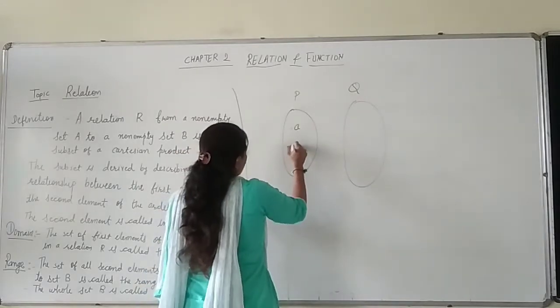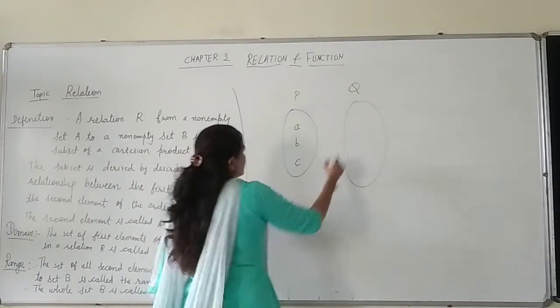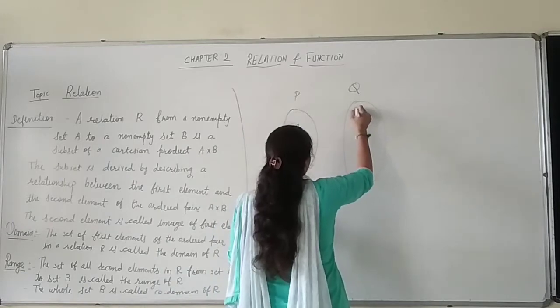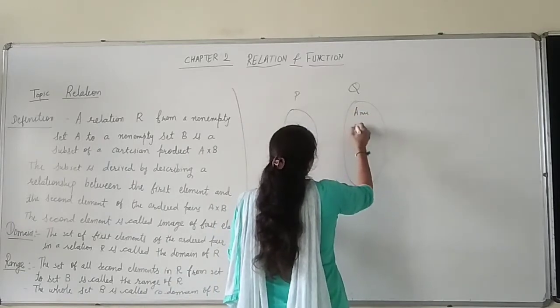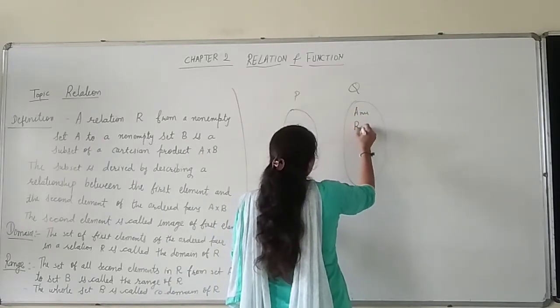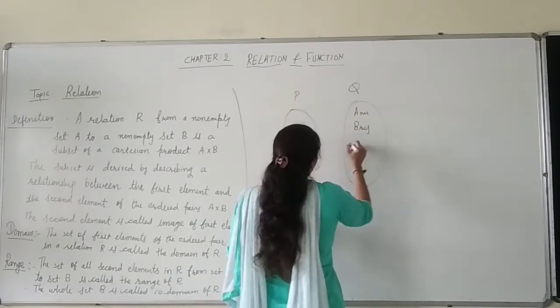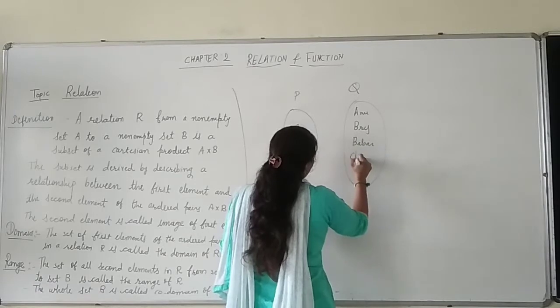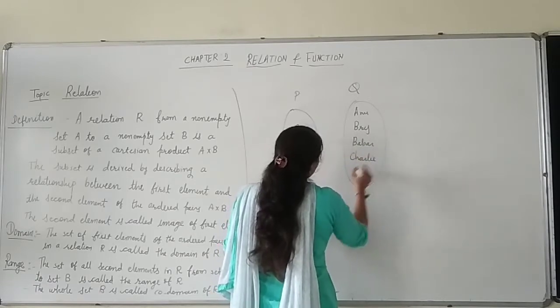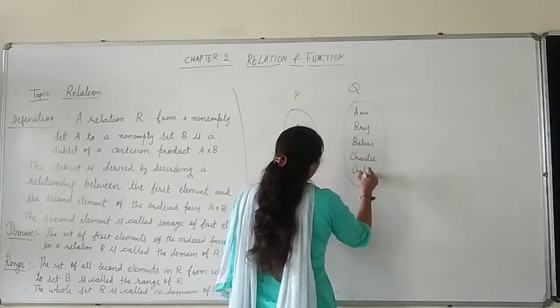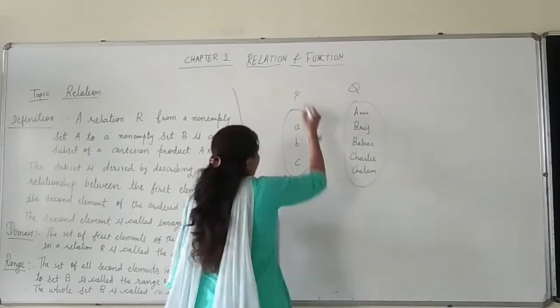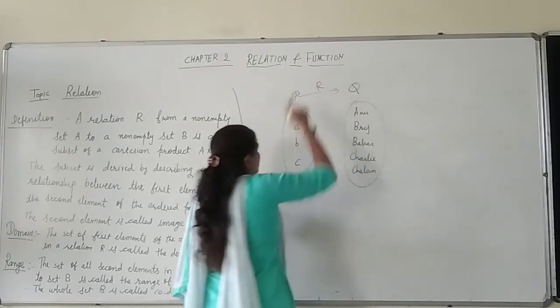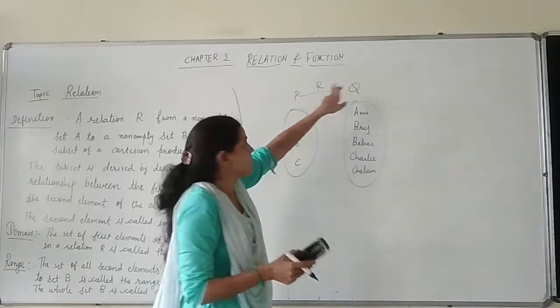So I have taken two sets here. P equals A, B, C. Here the names were Ami, Bridge, Babar, Charlie, Chetan. When I define the relation from P to Q, it is defined by the arrow.